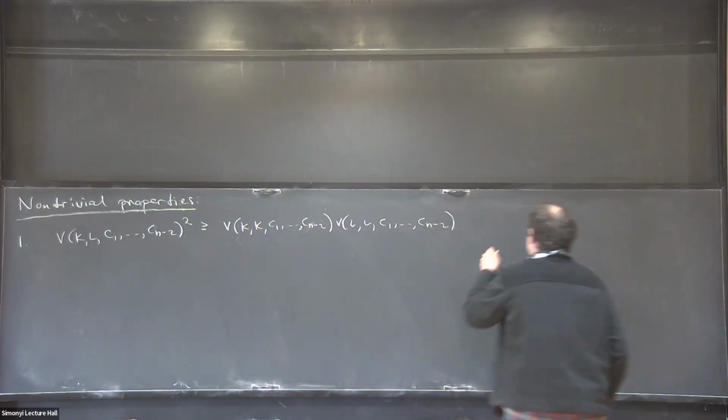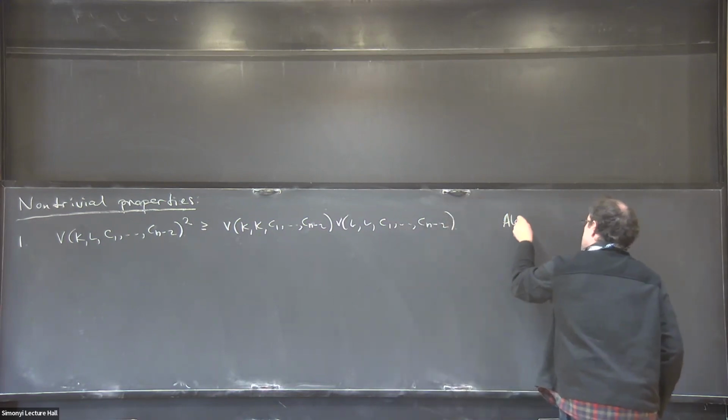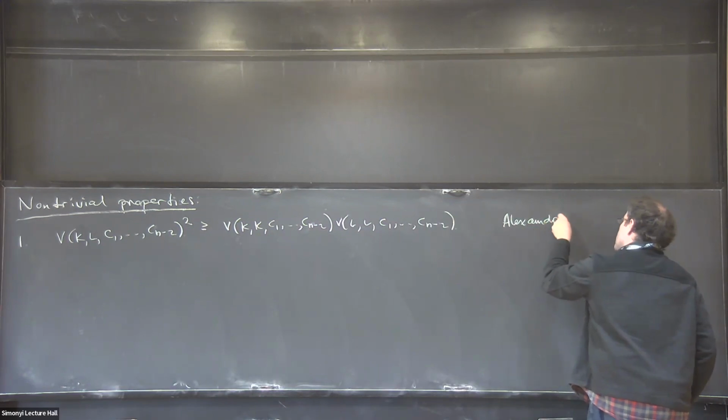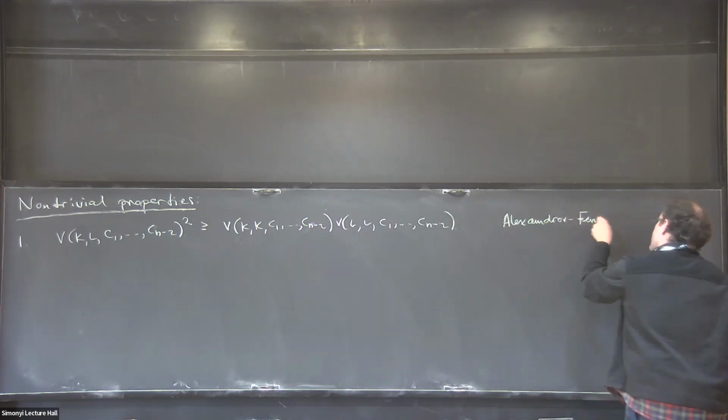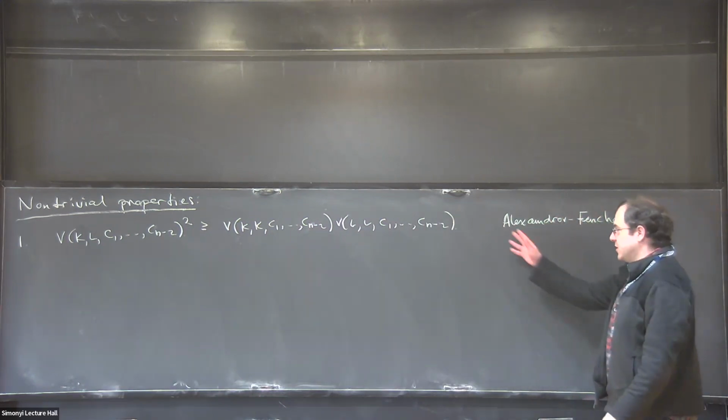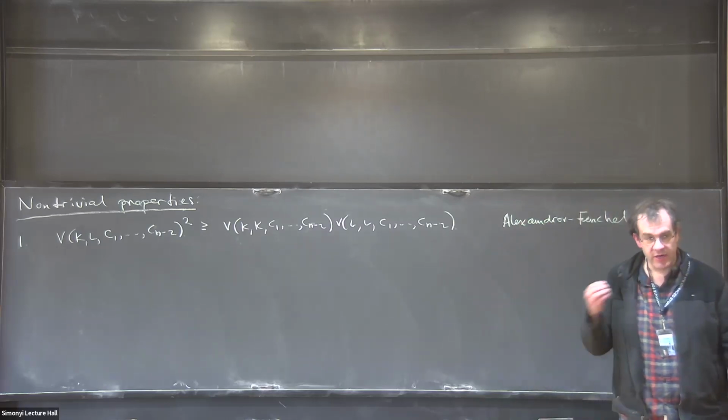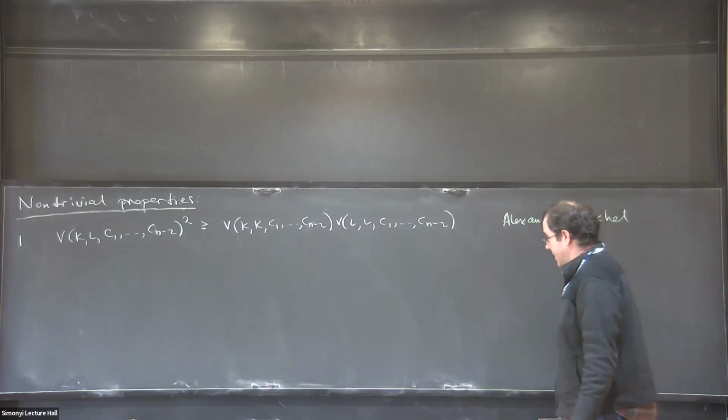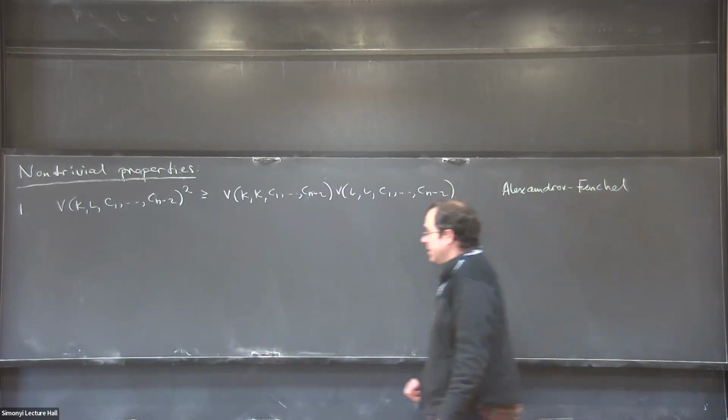This is called the Alexandrov-Fenchel inequality. This is a very deep inequality that has many connections with other areas of mathematics, and I talked about that a few weeks ago.